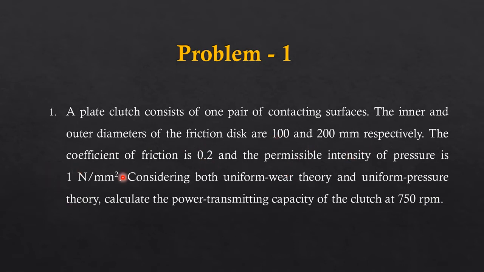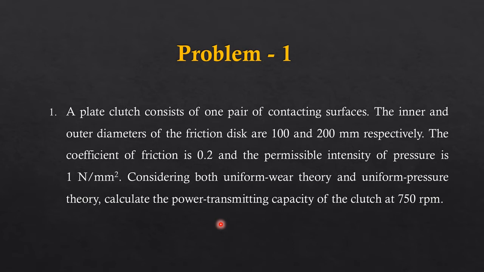The coefficient of friction is 0.2 and the permissible intensity of pressure is 1 Newton per millimeter square. Considering both uniform wear theory and uniform pressure theory, calculate the power transmitting capacity of the clutch at 750 rpm. So this is the problem.